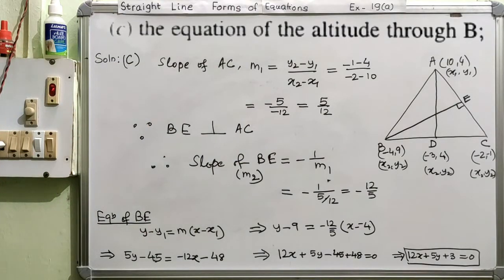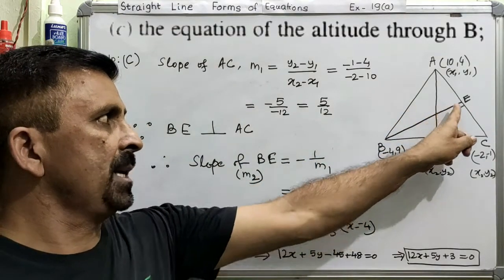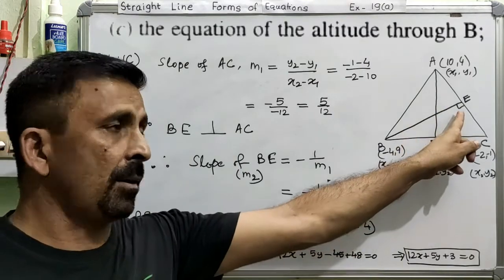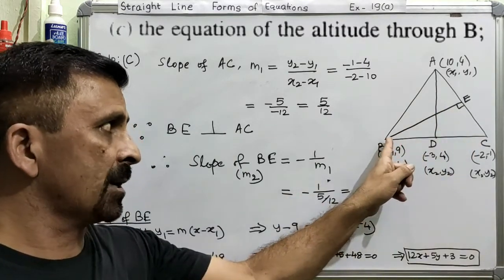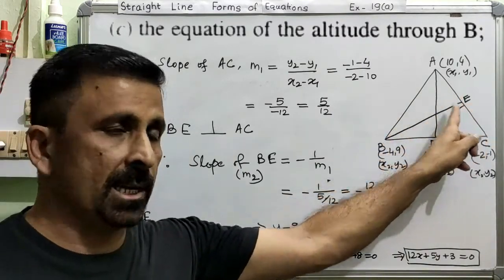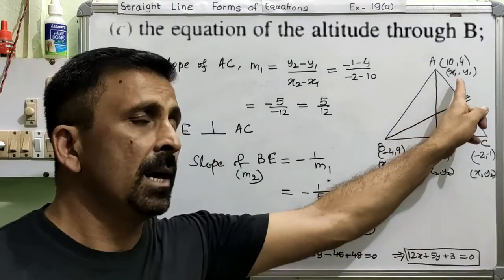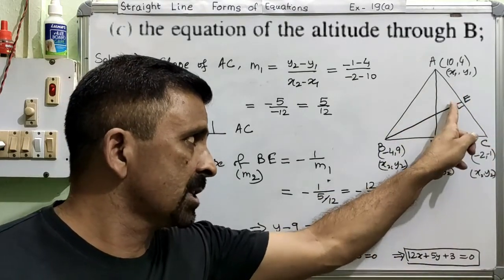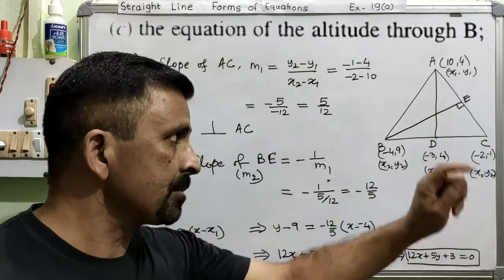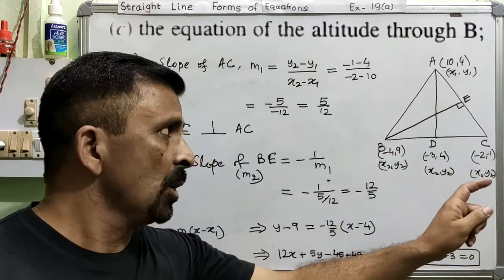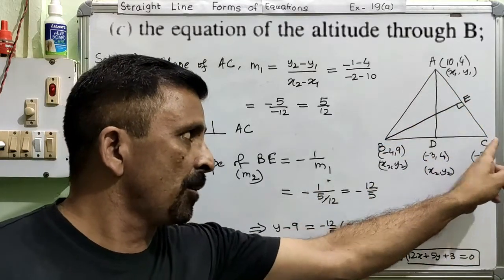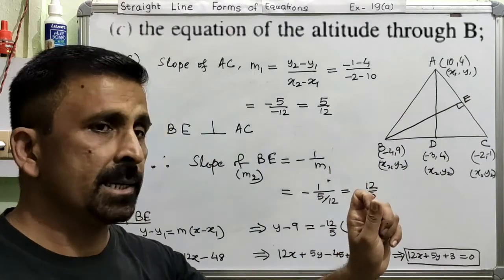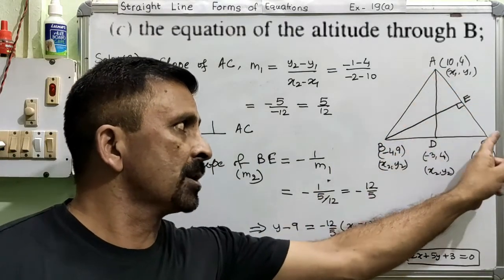So what we did to write down the equation of altitude BE: first of all, you have understood what is altitude. Altitude is a perpendicular drawn from a vertex to the opposite side. That is why I put this notation. This is the perpendicular notation. For writing this equation of BE, we calculated the slope of AC, right? Because BE is perpendicular to AC.